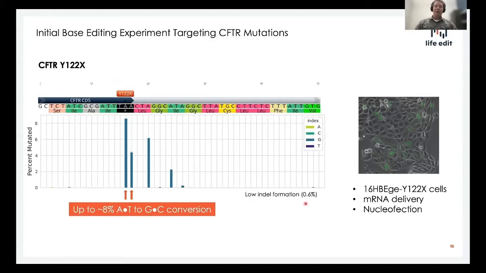And while 8% may not seem like very much, it's important to remember that this is a level that's consistent with earlier reports of using SpyCas9-based A-base editors in this cell type with a similar delivery mechanism. So we're really happy with this result, and we think it's exciting, and this is a great starting point for more improvement in our A-base editors.